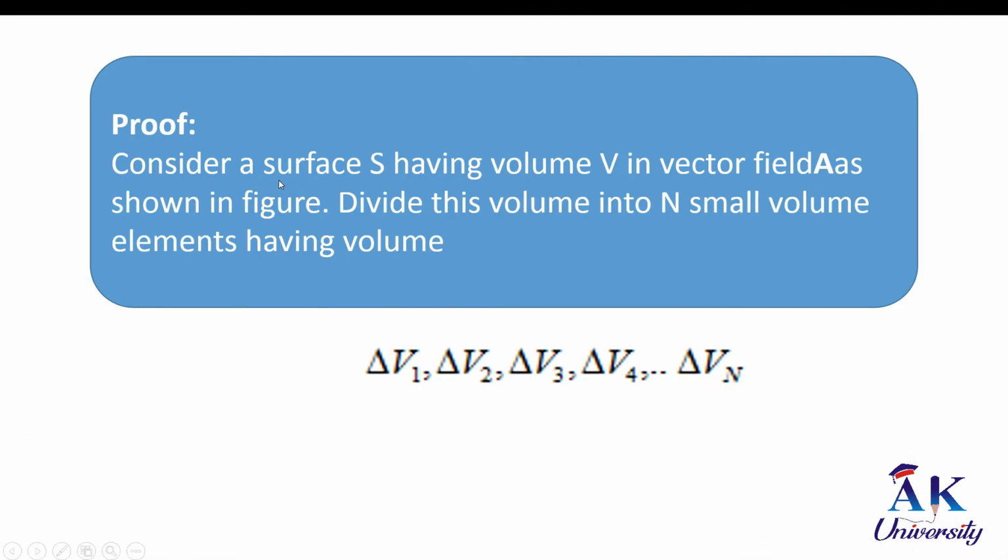Consider a surface S having a volume V in a vector field A as shown in the figure, and divide this volume into n small volume elements, delta V1, delta V2, delta V3, delta V4 and so on till delta Vn.